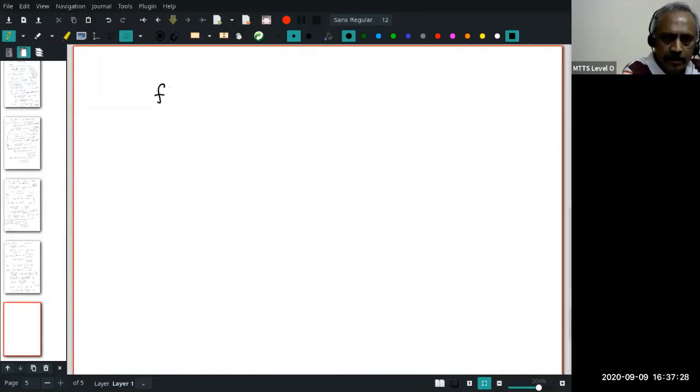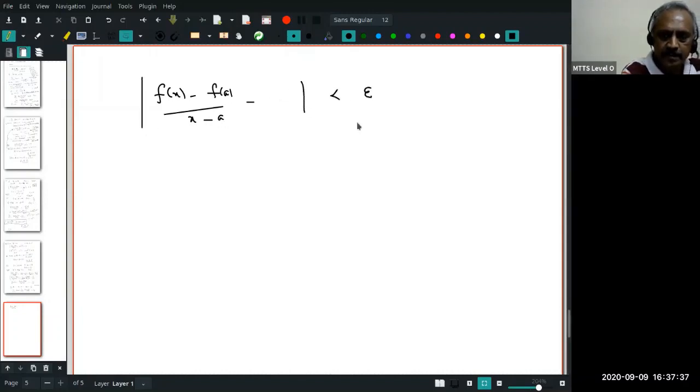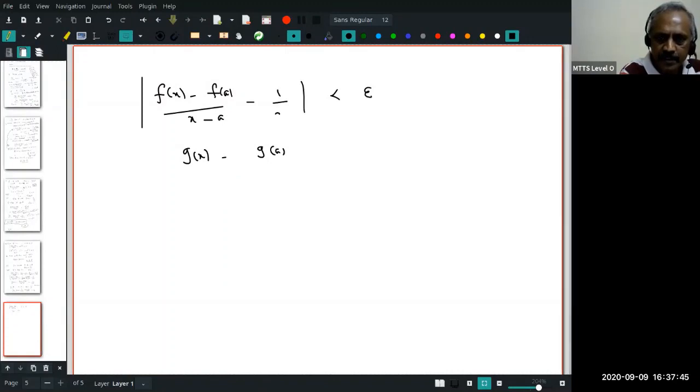I have f(x) minus f(a) by x minus a minus this, and I want this to be less than epsilon. This is my g(x), and I found it is continuous at a, and g of a is 1 by a squared.